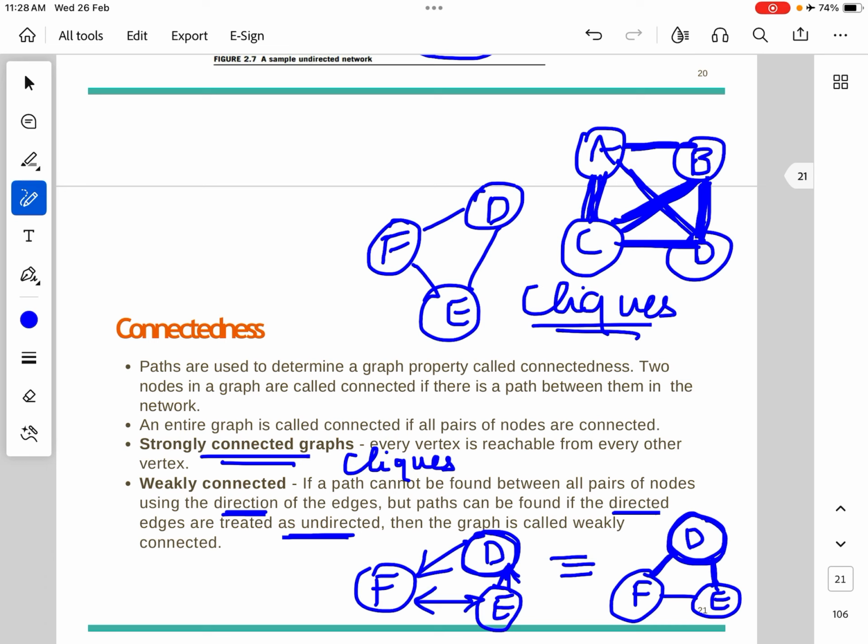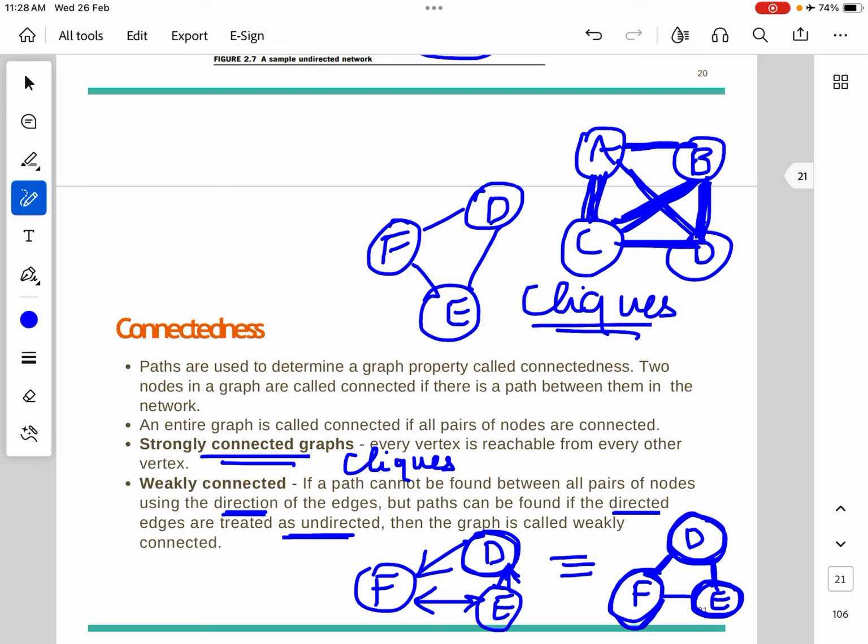Initially, to reach D, we only had one path: we had to go from F to E, then to D. So E was the point through which you could reach D. Now we can reach D from F also, and from E also. So what is it saying? This kind of graph is called a weakly connected graph.